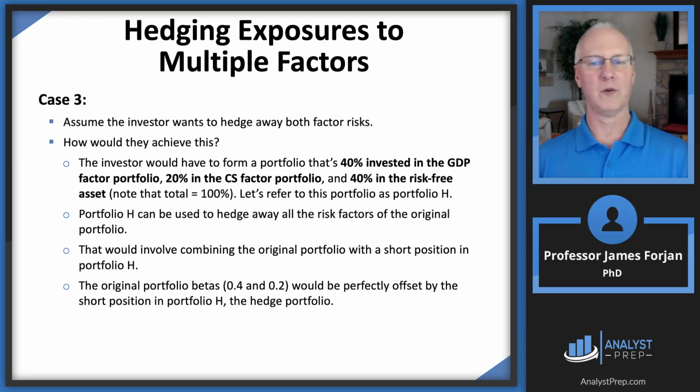And then we're just going to keep our original portfolio and short portfolio H. So think about what that has. You have one portfolio that does this, and you have another portfolio that does just the opposite. So essentially, and don't tell your stats professors that I said this, you have two portfolios that have a negative correlation. Do they have a -1 correlation? They could, but I don't know that they will, but something close to it.